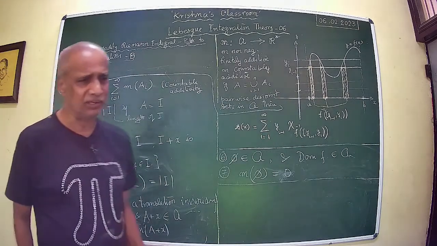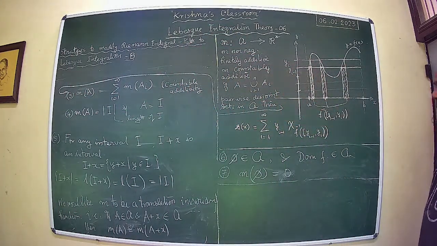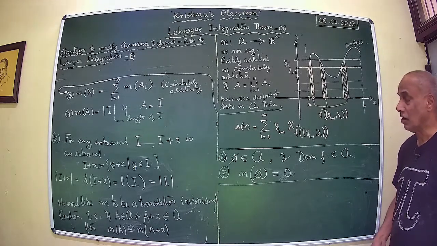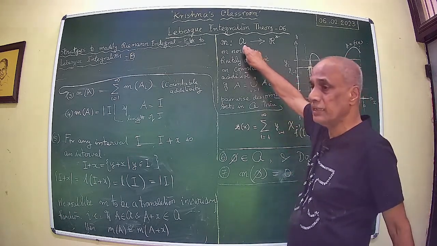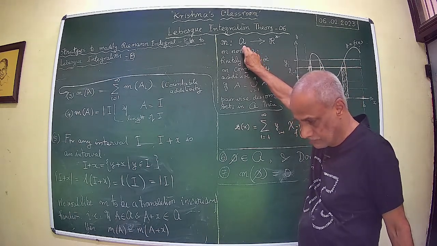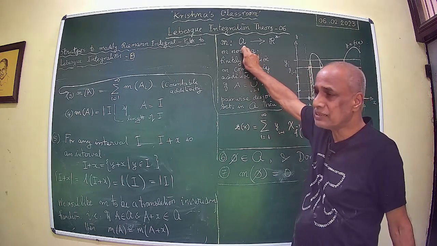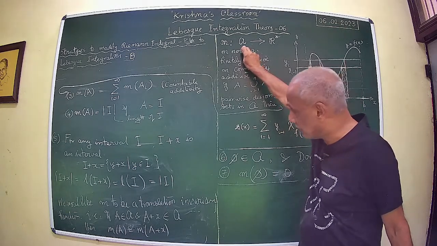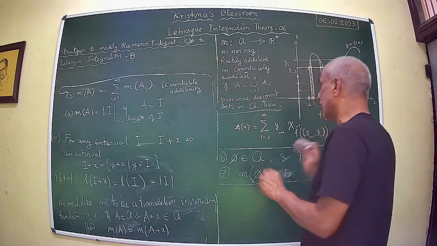But then you have to go beyond that. So how large a collection of sets can you get on which this can be done? Such a class is what we have denoted by script A. Script A should be amenable to the sort of things that you do. The empty set should be there, the whole set should be there.